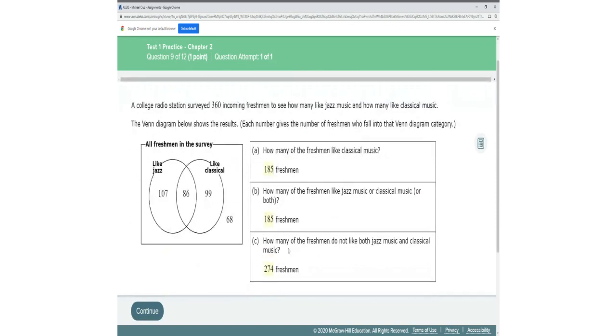It's got to be these three numbers added up because they like jazz or classical or both. So it's 185. I mean, did I add them up right? Now I'm starting to doubt. I took some of his word for something. I can't remember. Let me go back. I'm trying to finish all this before.